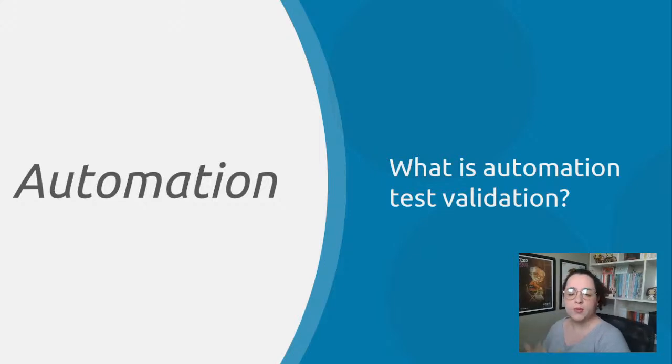So what is automation? Automation is an important part inside the software development because in this stage we can verify if each scenario implemented or already delivered previously is working properly.